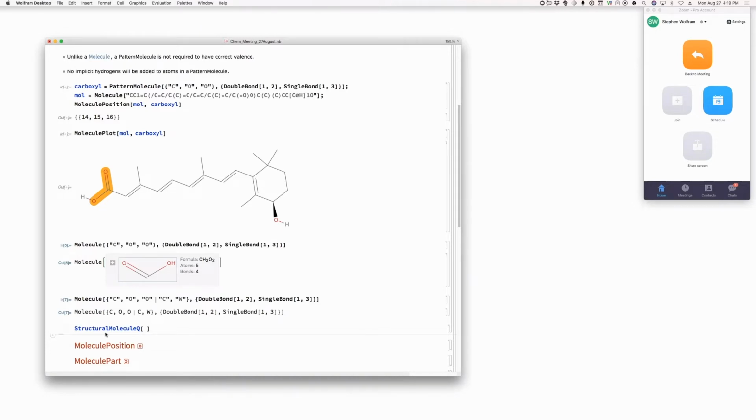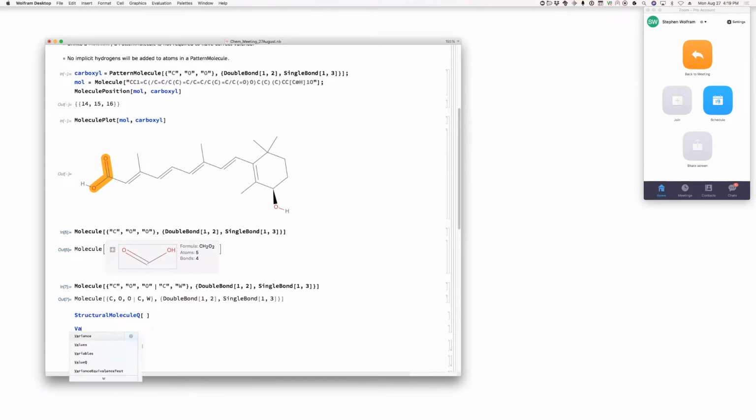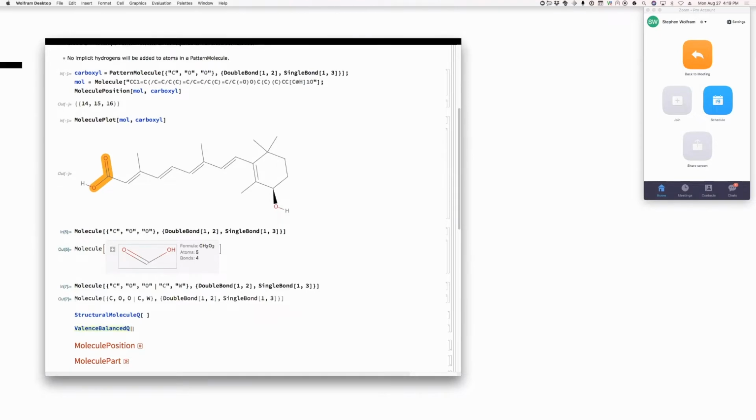Okay. So what would be a valence balanced? I don't know whether that makes sense. Aside from the name, what this function really tells the user is that this has passed all of the checks, and you can use this molecule in any function, and it will behave like a Wolfram Language molecule.